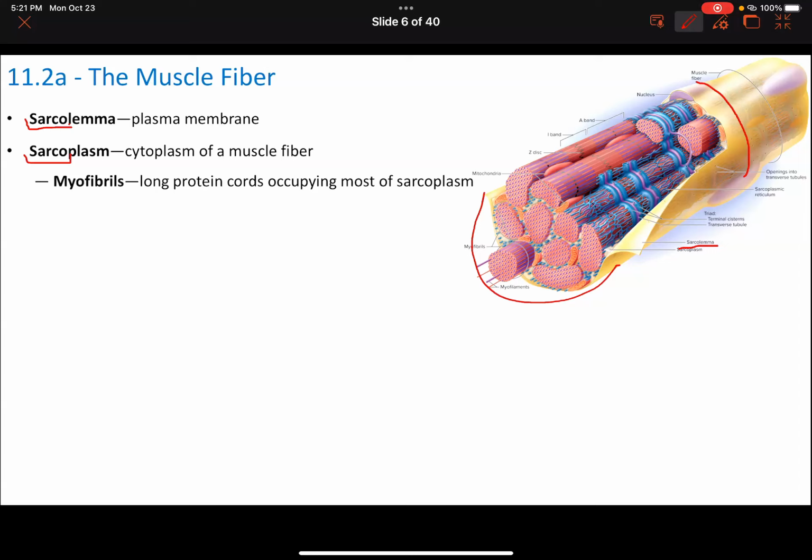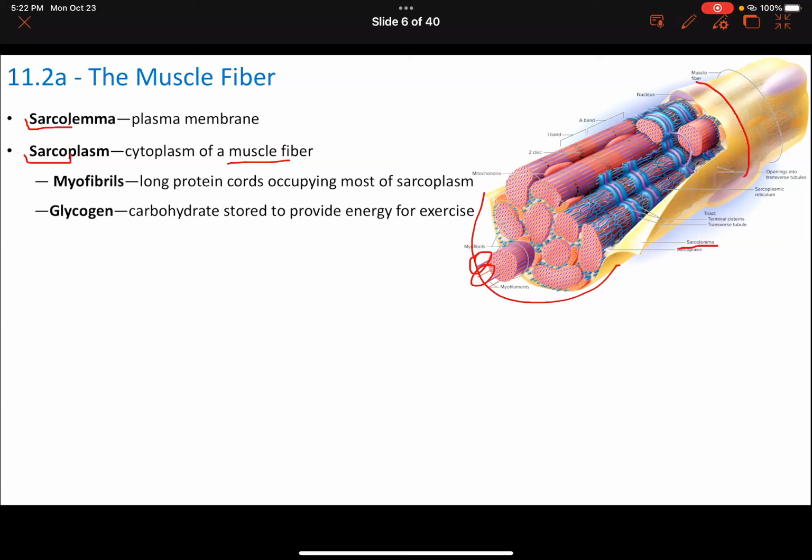That is specific to the muscular system, and the cell is specifically the muscle fiber. Within the sarcoplasm, there are several other things. There are myofibrils, which are those long cords that make up most of the sarcoplasm. You can see them here, these cords down here.